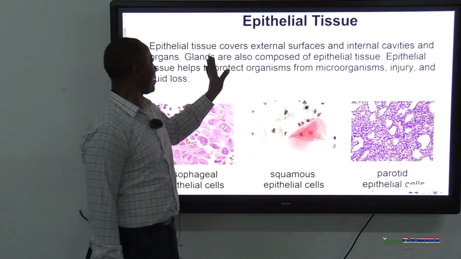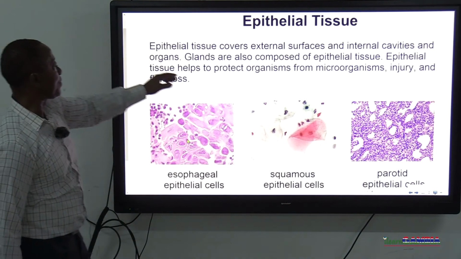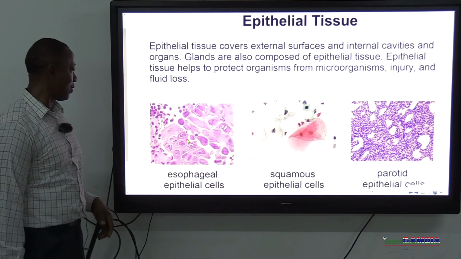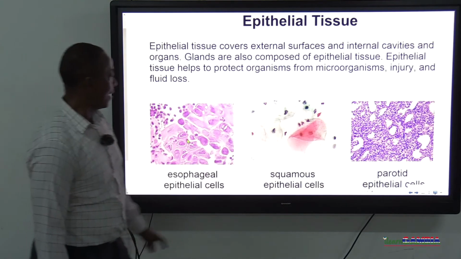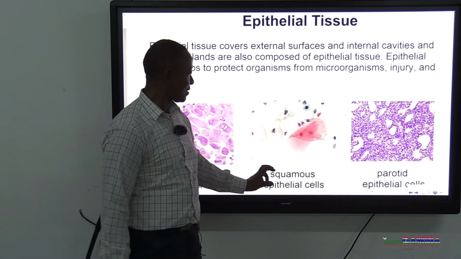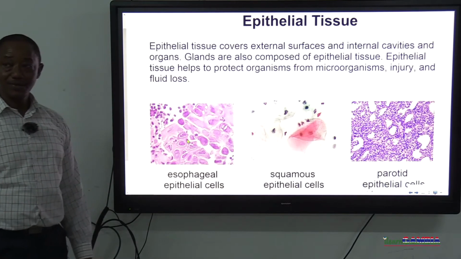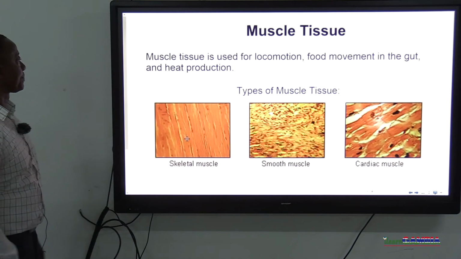Glands are composed of epithelial tissue as well. They help to protect organisms from microorganisms, from injury, fluid loss, and so on. These ones are found in the esophagus. These are found on the surface of the skin. And this one is the parotid gland that is found where you have the voice box.